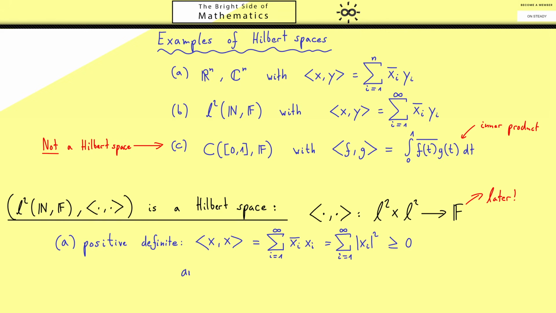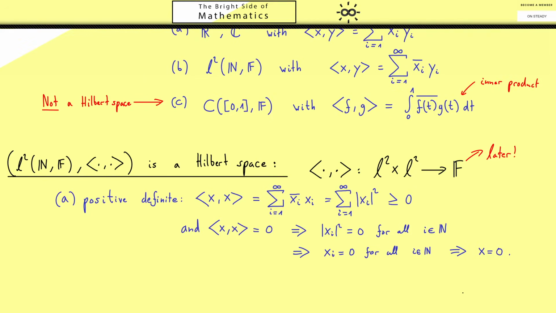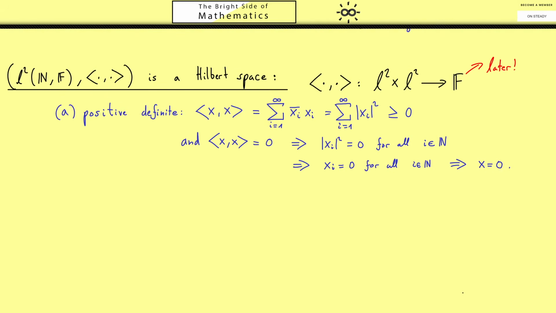And the other part would be looking at the case when the outcome is 0, which means by the calculation above, all the |xi|^2 have to be 0. Which then of course means all the xi have to be 0. And in conclusion, this is of course the 0 vector itself. And now we know it's positive definite.